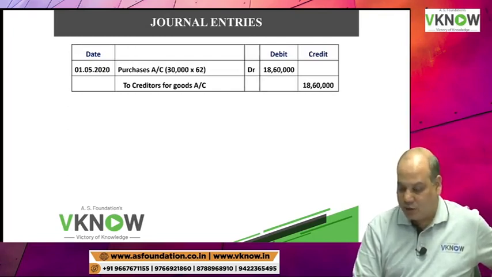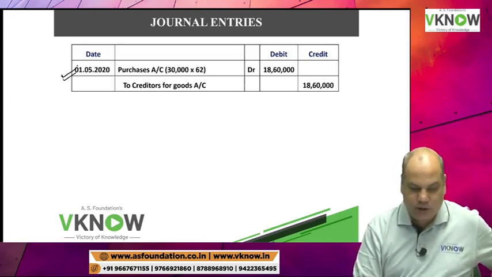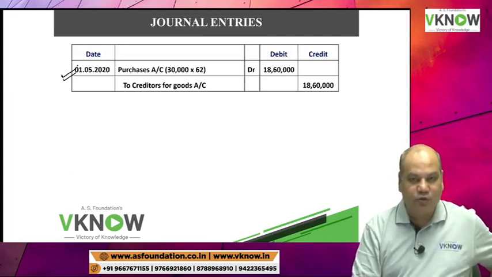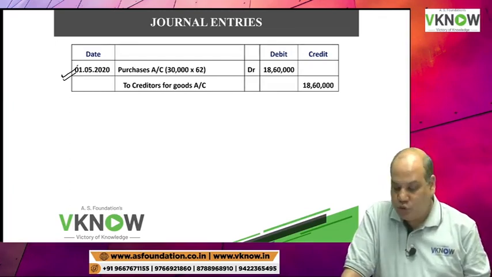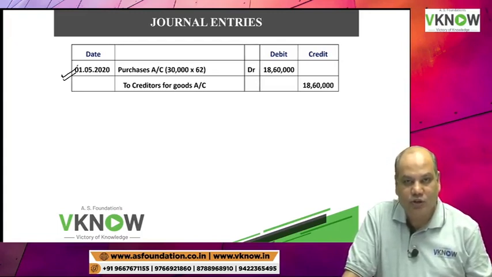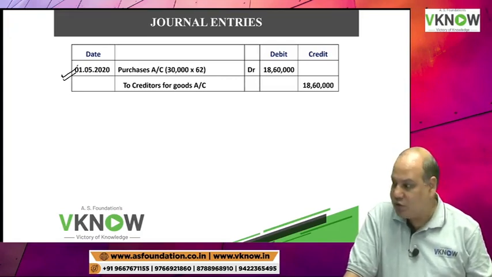Now next entry is on 1/4/2020. On this date, you have purchased goods of $30,000. Rate of exchange is 62. So the entry would be purchases account debit.